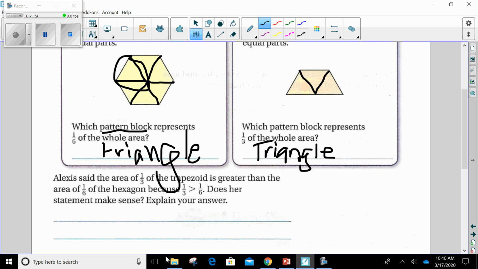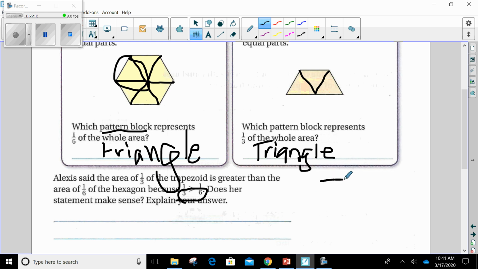Okay, here we go. All it comes down to is right here, 1/3 and 1/6. I see that she is comparing, but the problem is she is not comparing the same whole, okay?